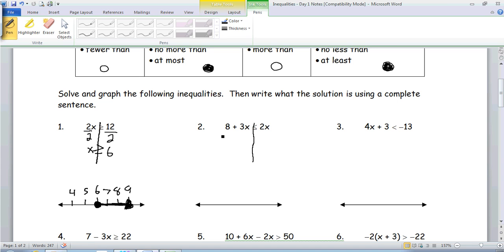This one I do have a constant, so in order to get rid of my constant I need to subtract, and let me stop right here for just a moment. One of the tricks that I try to teach is if this does not have an x and there's nothing over here, I want to come over here and write it in a different area, not underneath the x.